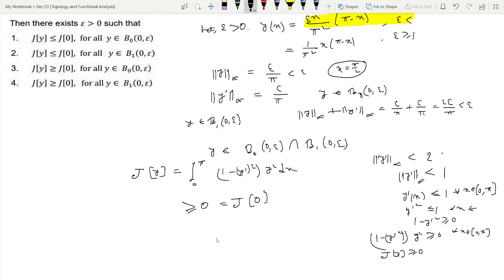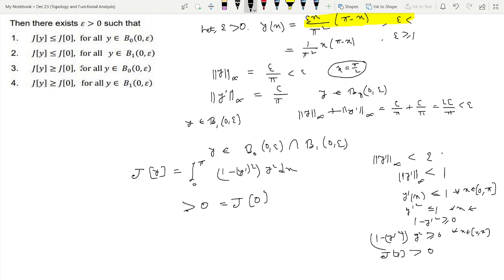This will actually be strictly greater than, sorry, otherwise y will be identically 0, which is not so. So J y is strictly greater than 0. So we have J y greater than J 0.